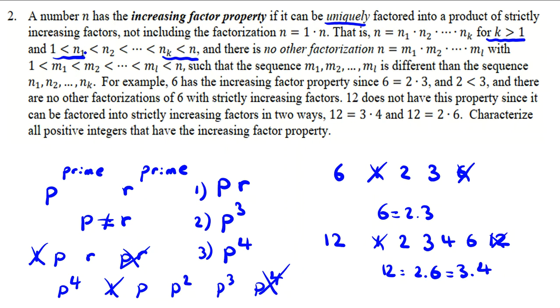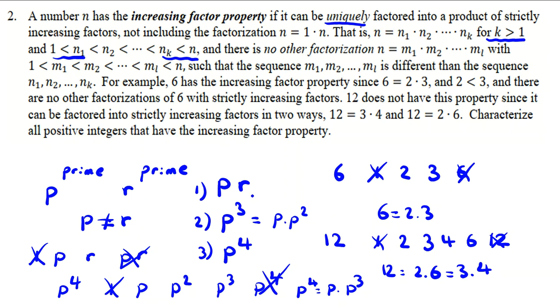The problem says n1 is less than n2. You can't select a divisor more than once. So here, the only way to write P to the fourth is P times P cubed. Also, similarly, we can prove P cubed is good because it can only be written as P times P squared. So these three types of numbers are the only numbers that work.